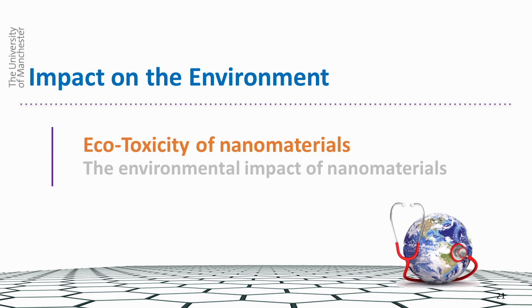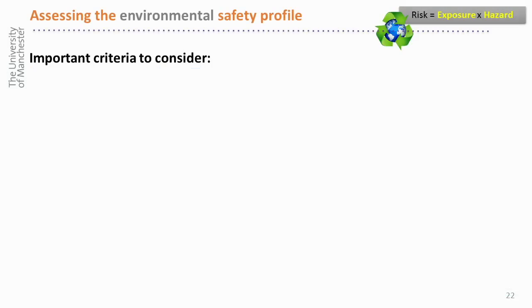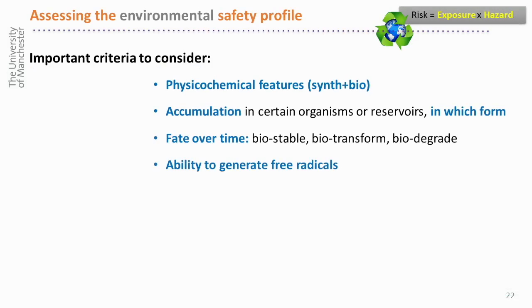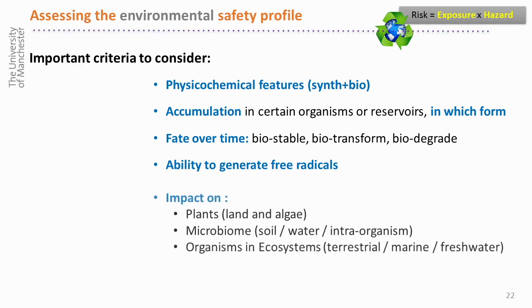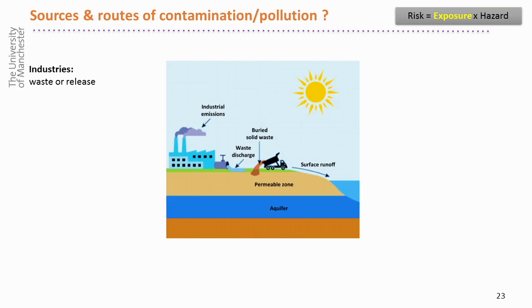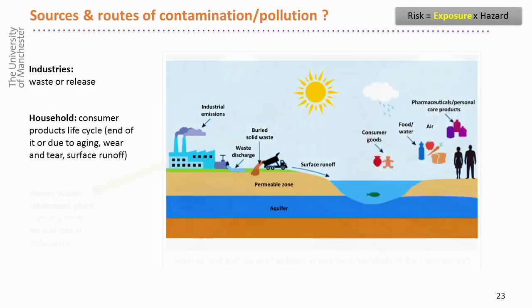So let's consider now the effect on the environment. Basically, there are two main mechanisms with the environment, which is how it is accumulated in different parts of the environment.